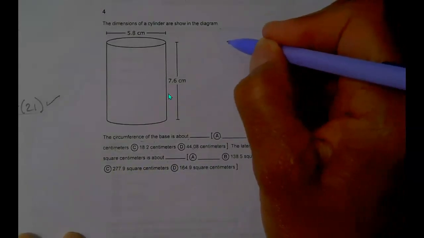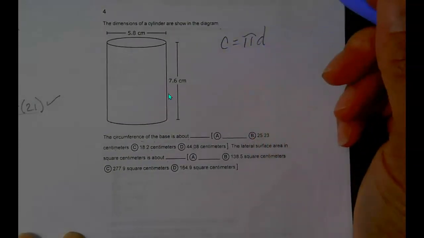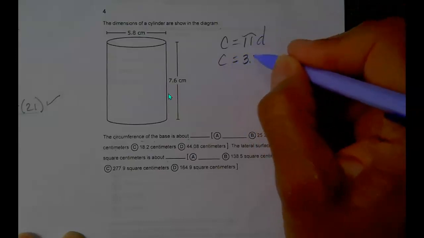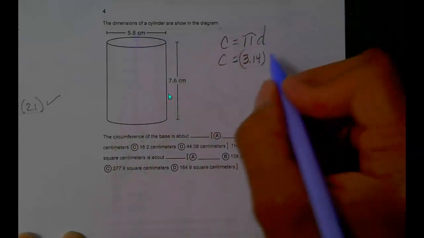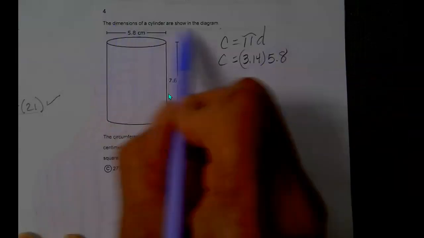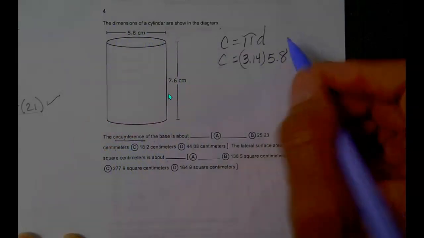If I'm looking for circumference, it's pi times the diameter. So I calculate 3.14 and my diameter is 5.8, because they are asking about the circumference.